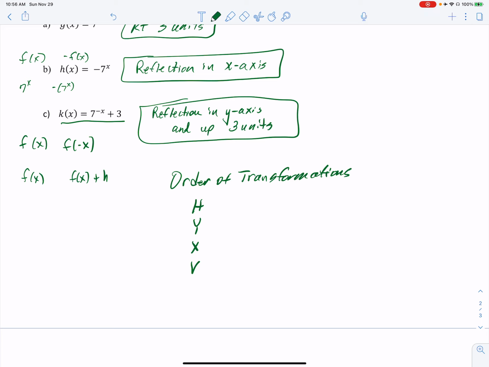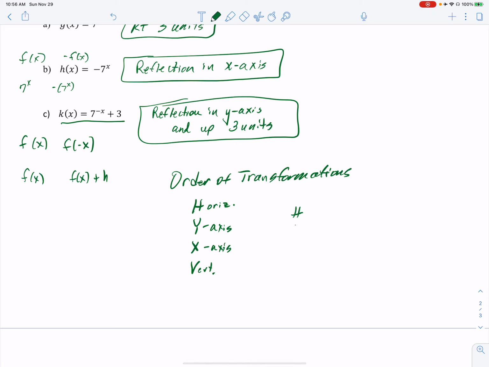Sorry about that. And so anyway, the order of transformations, high 15, is for H, you do horizontal, followed by reflections in the y-axis, and then reflections in the x-axis, and then followed by vertical movements up or down.